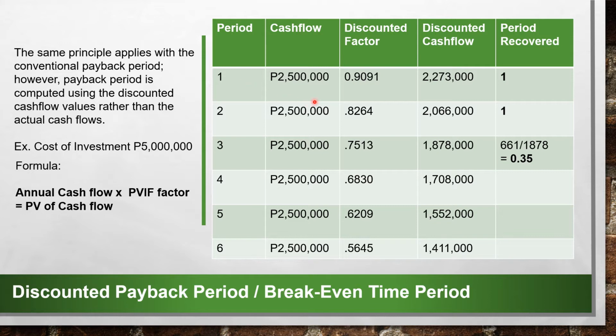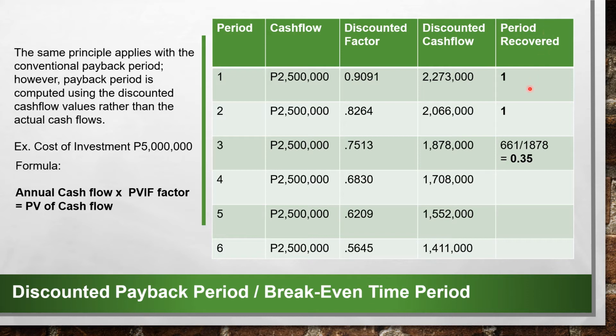So we have here our answer, our table. So for cash flow for periods, you can see uniform cash flows, right? Okay, so you can do the long cut so that you can understand it. You just multiply that with the discount factor. So we have the discounted cash flow.